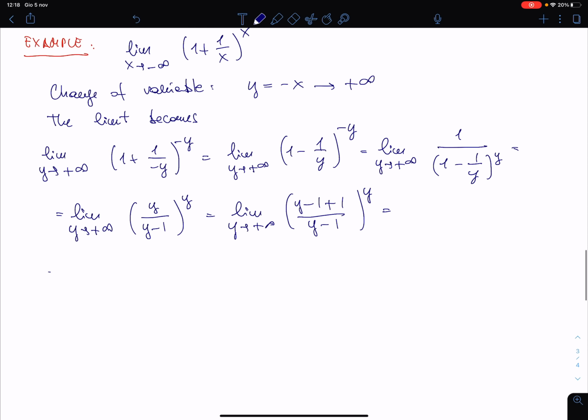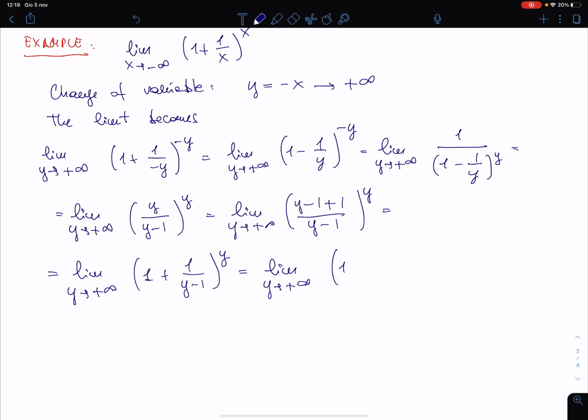This is equal to the limit y going to plus infinity of 1 plus 1 over y minus 1 to the power y.